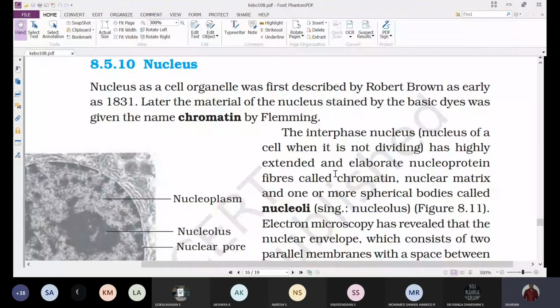The genetic material is acidic, but it is stained using basic dyes, and we call it chromatin material. That was given by Fleming.